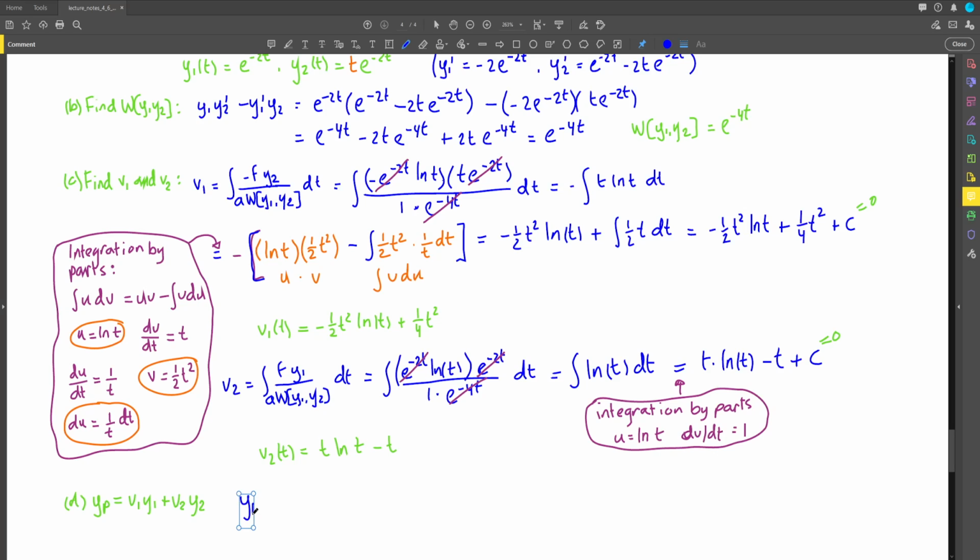And so what we find is that yp of t is v1, negative 1/2 t squared ln of t plus 1/4 t squared, times y1, which is e to the power negative 2t, and then plus v2, which is this one right here, t ln t minus t, times t e to the power negative 2t.